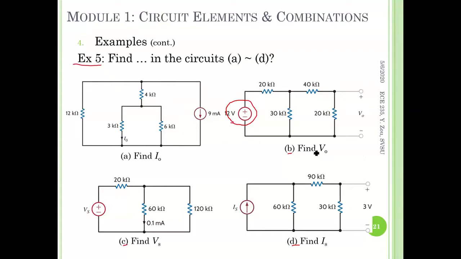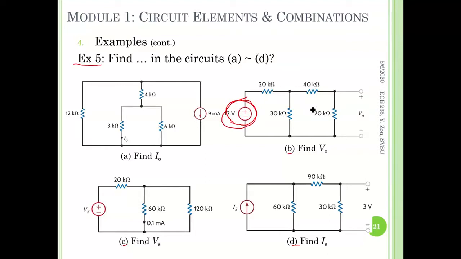Okay, so going back to circuit B here, one independent voltage source. So we are thinking of a voltage divider. So how to do that? Again, no matter whether it is a current or voltage divider, we need to think of two elements. The total voltage here is shared by two elements.